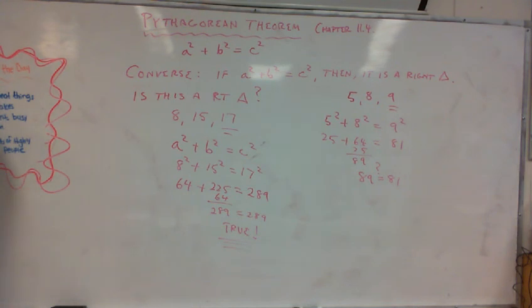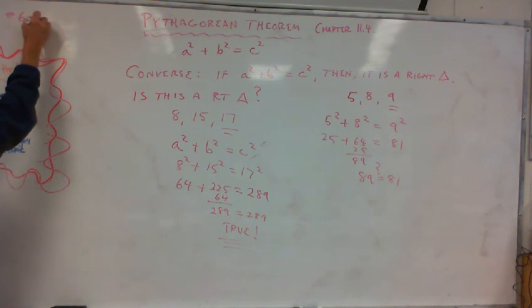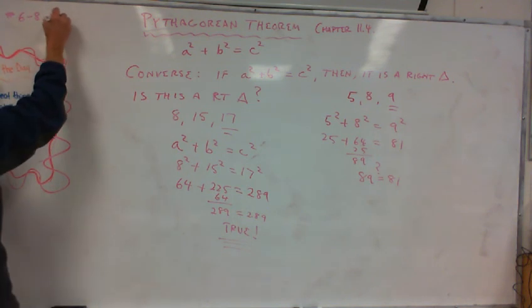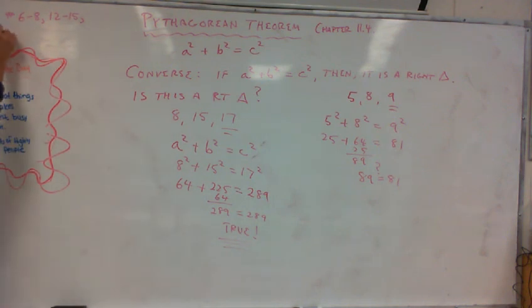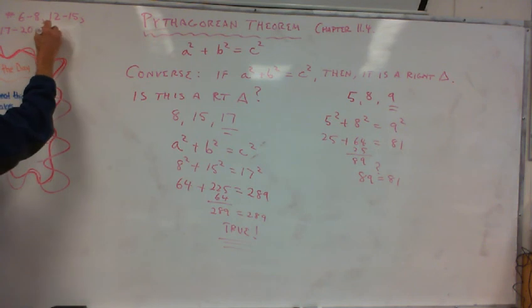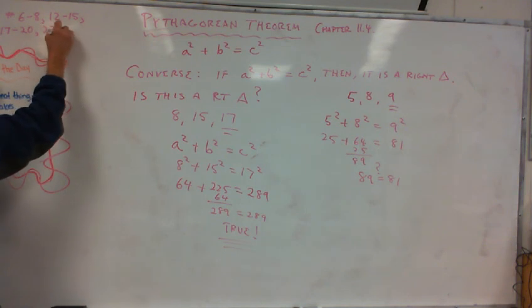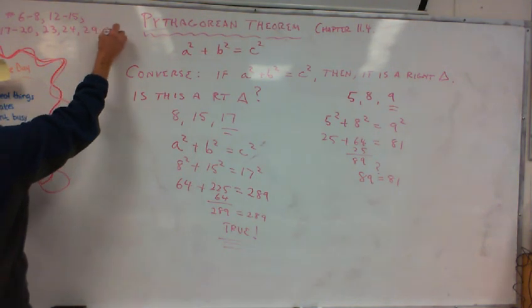Your homework is pages 740 to 741, numbers 6 through 8, 12 through 15, 17 through 20, 23, 24, 29, and 34.